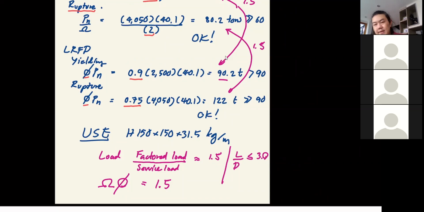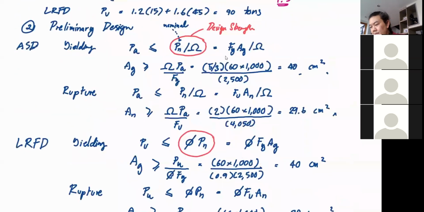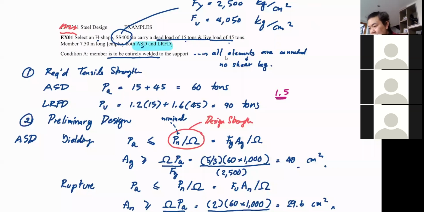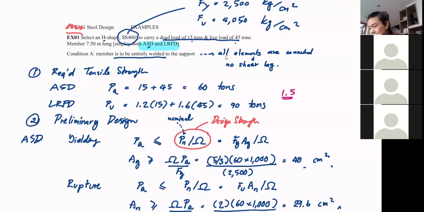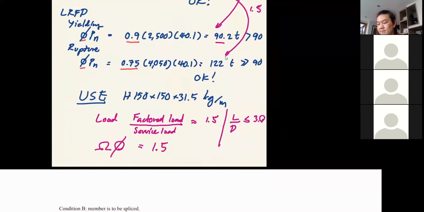And in this example, I deliberately gave you the condition where the live load is 3 times greater than the dead load, to prove that this is how they developed both design approaches.